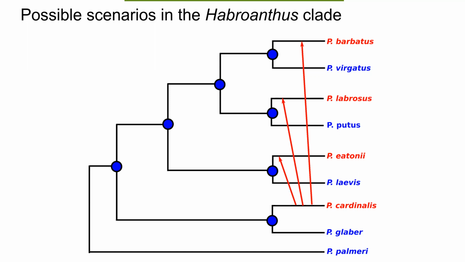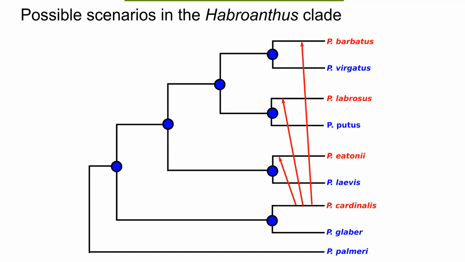It's still an evolutionary process introducing it into another lineage, but it isn't completely different mutations that have arisen independently. They're non-independent events. And you could imagine some subset, like maybe Cardinalis and Eatonii show this pattern, but not the other two. So this isn't the only possible instance of this type of thing that we could see.